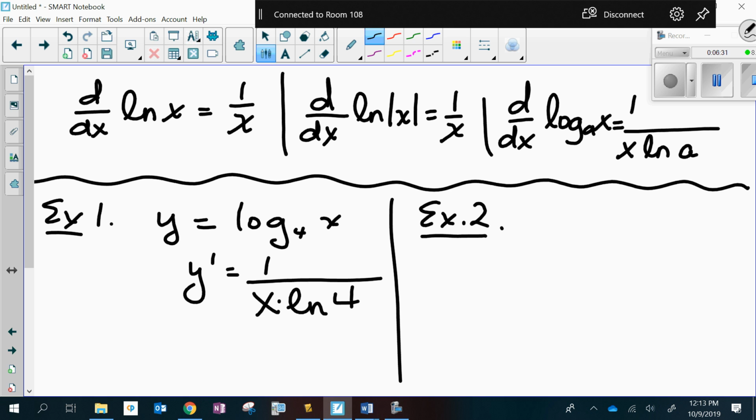It's going to get harder. Let's let y equals ln of x squared. Right away, what are we going to use? Chain rule. That's right. I'll give you a minute. You done?